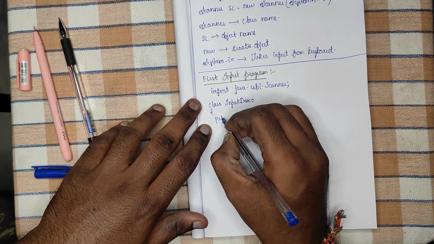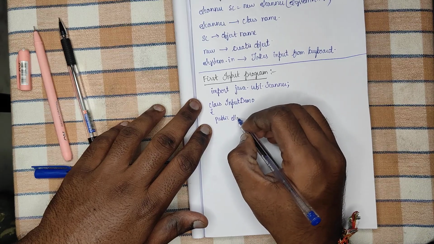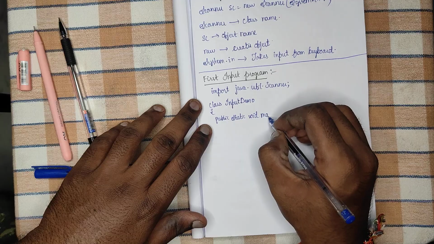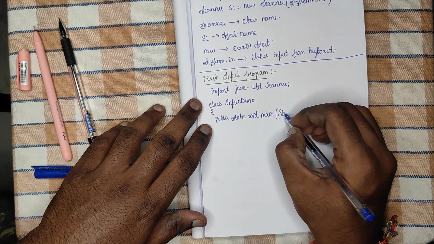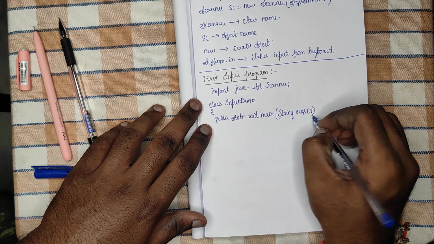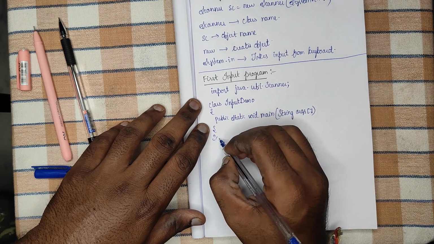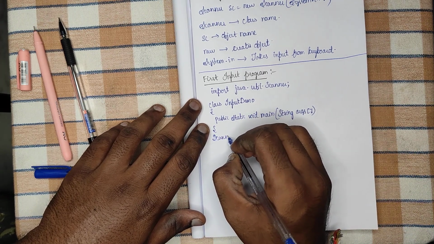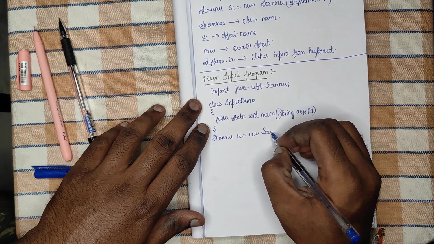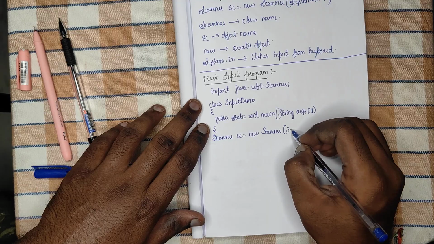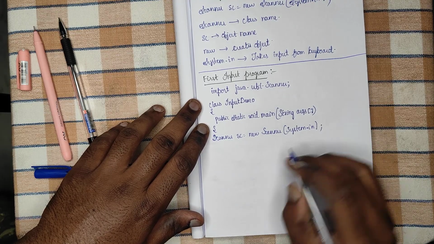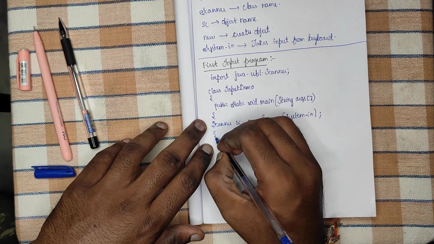So public static void main(String[] args). Scanner sc is equal to new Scanner(System.in).